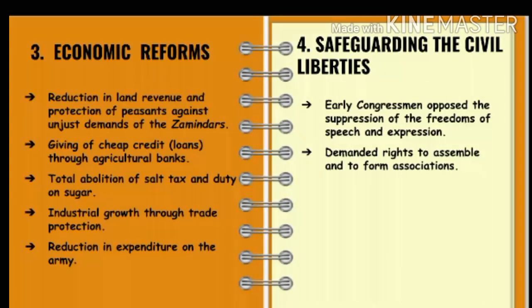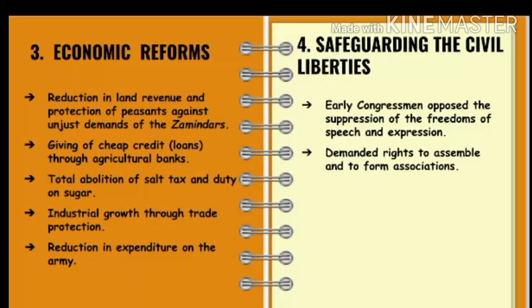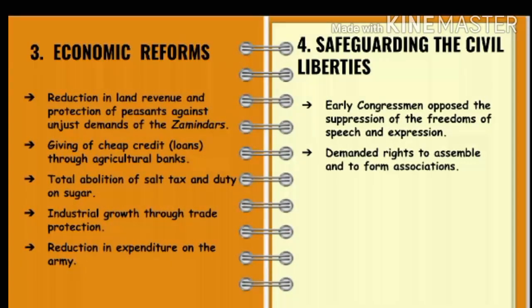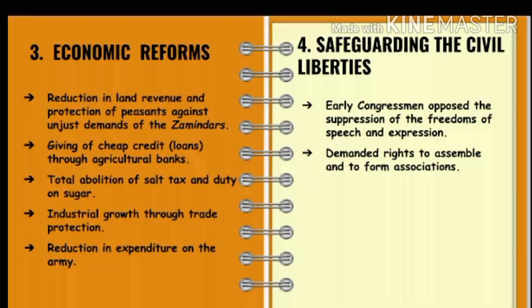If administrative reform is asked, only from administrative. So it has to be written according to the heading or as the question is asked. So please learn all these four demands of the early nationalists very thoroughly.